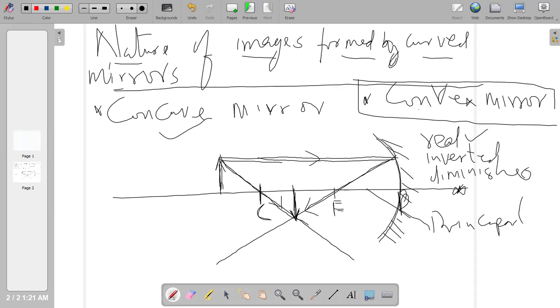Real in the sense that light can pass through it, and so it can be captured on a screen.